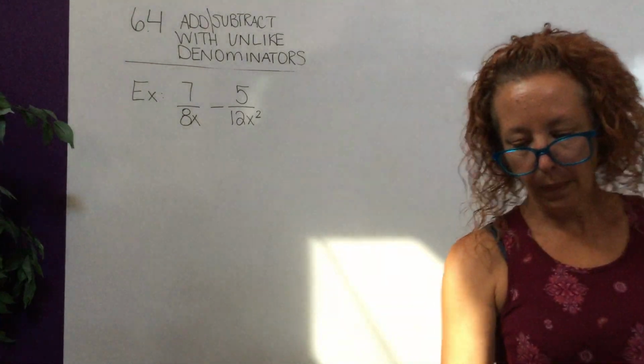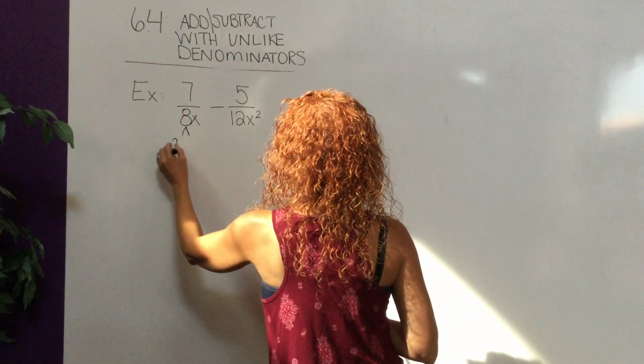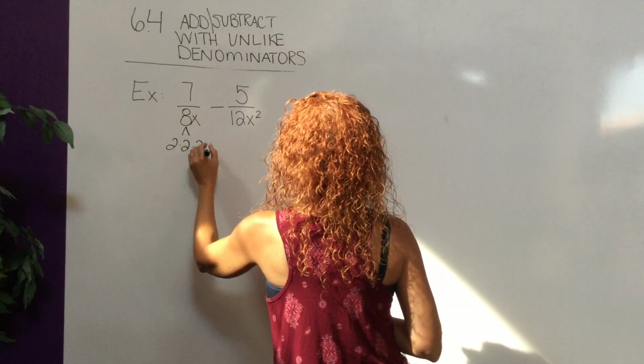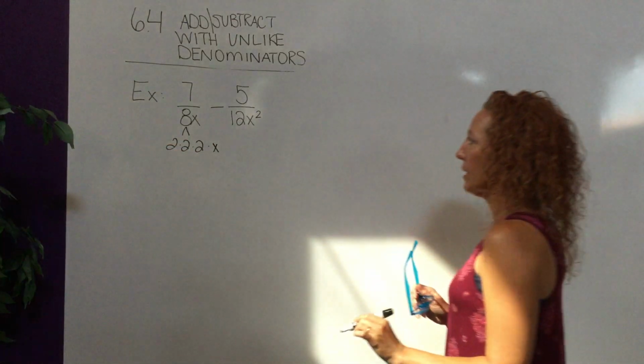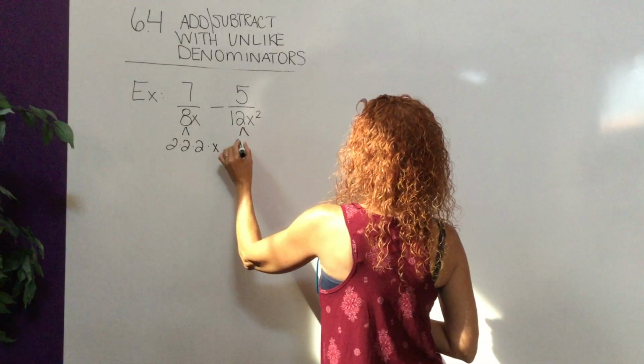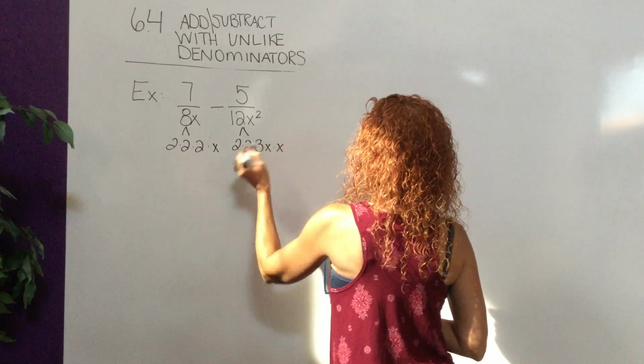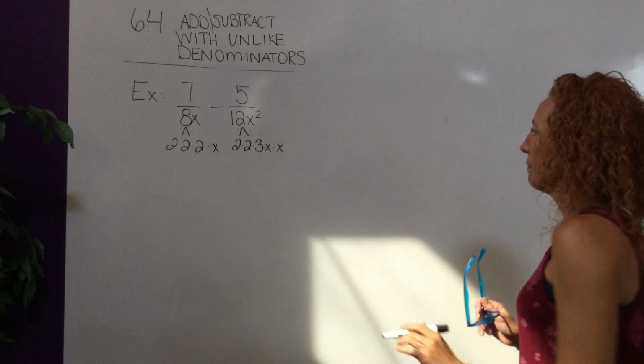So we've already broken 8 down once today. 8 is 2 times 4, which is 2 times 2. So we've got 3 2's and an x. 12 is 4 times 3, or 2 times 2 times 3. And then we have 2 x's.